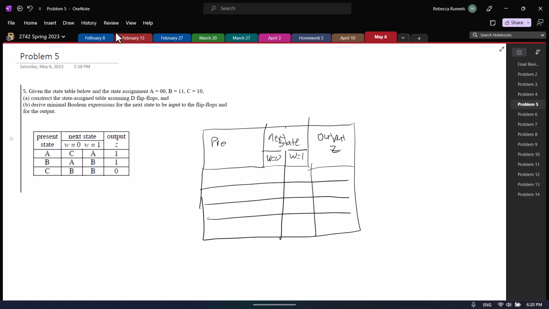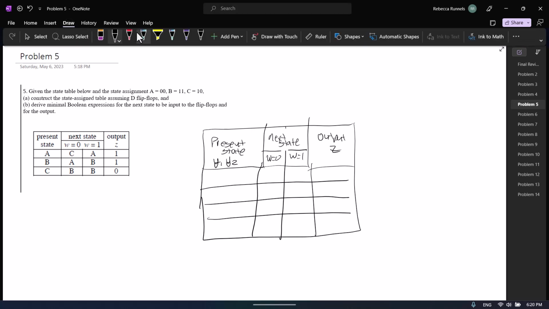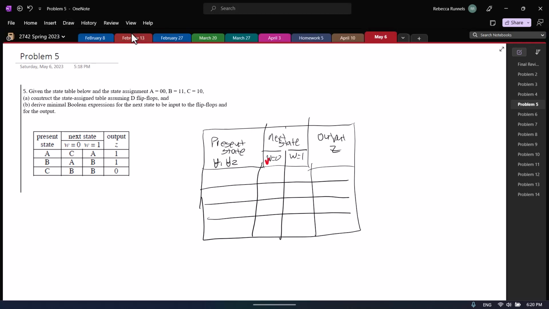This will be the present state, and I am going to call the present state lowercase y1, lowercase y2, and the next state I will call uppercase y1 and y2. So uppercase y1, uppercase y2, uppercase y1, uppercase y2.